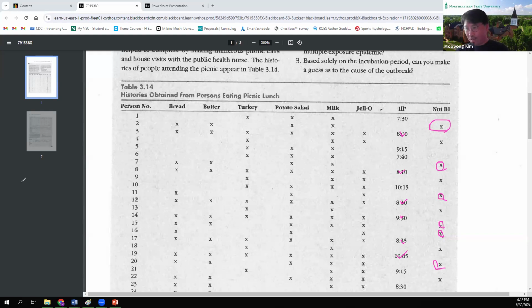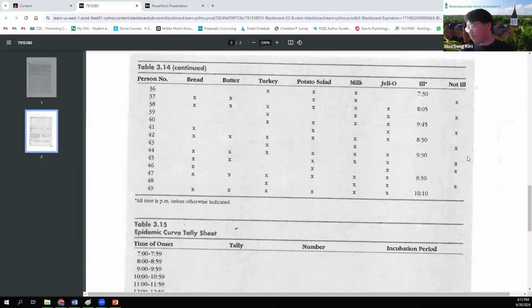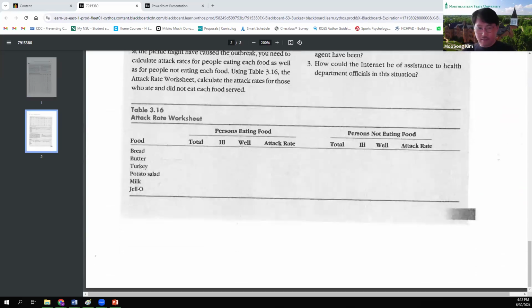So you have the numbers, right? As I mentioned, total 31. If you count the number of people who got sick, it was 16, and not sick is 15. We got these numbers from this table.